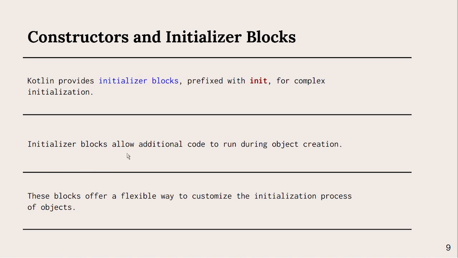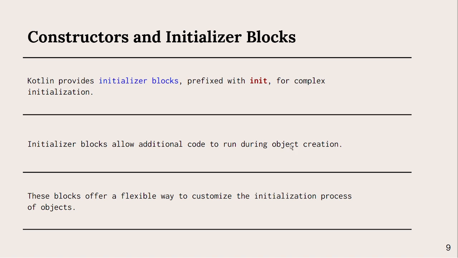So initializer blocks allow additional code to run during object creation. In Java, the static initializer is dedicated to the class loading phase. However, in Kotlin, the initializer blocks are executed during object creation.